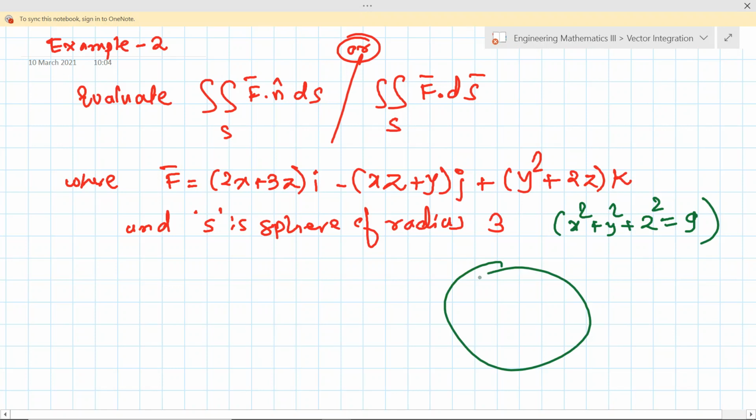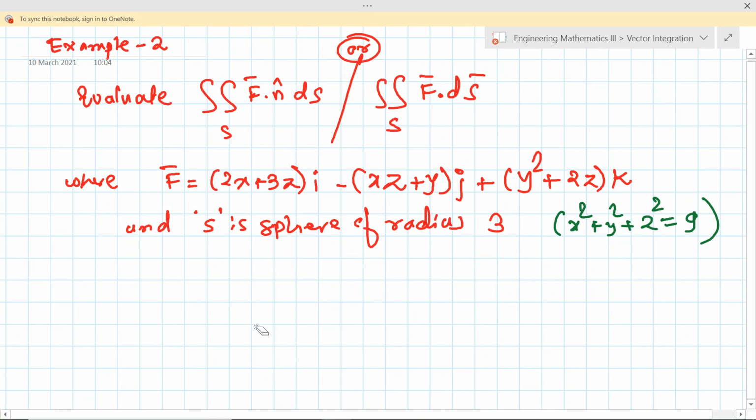Whatever the outer part of the sphere is, that will be the surface. If you have a football, the outer part of that football is nothing but our surface, and the volume enclosed by that surface is the volume inside it, that is, the volume of the sphere.